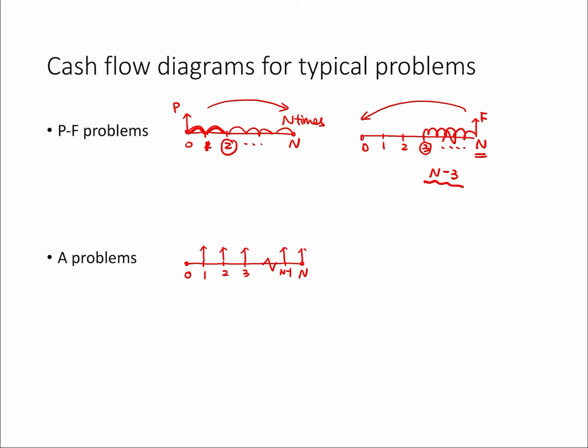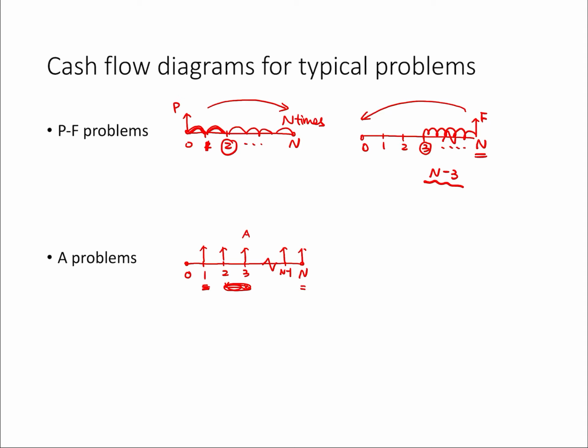They are the same amount, starting from time 1 until time n. That's your typical cash flow. It's not starting from time 2 or time 3, it's from time 1. All right, and that's your annuity.